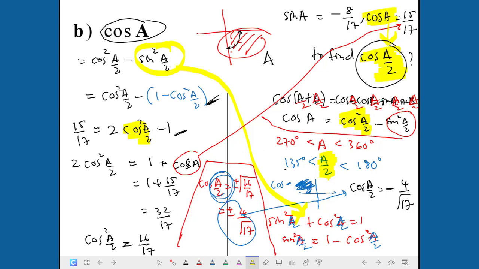Angle A over 2 lies between 135 degrees and 180 degrees. This angle lies in the second quadrant. For cos, the second quadrant gives a negative value, so between the two answers, you need to choose negative. Why? Because A over 2 now lies in the second quadrant. Even though A lies in the fourth quadrant, you want the half angle. Take your time to understand.